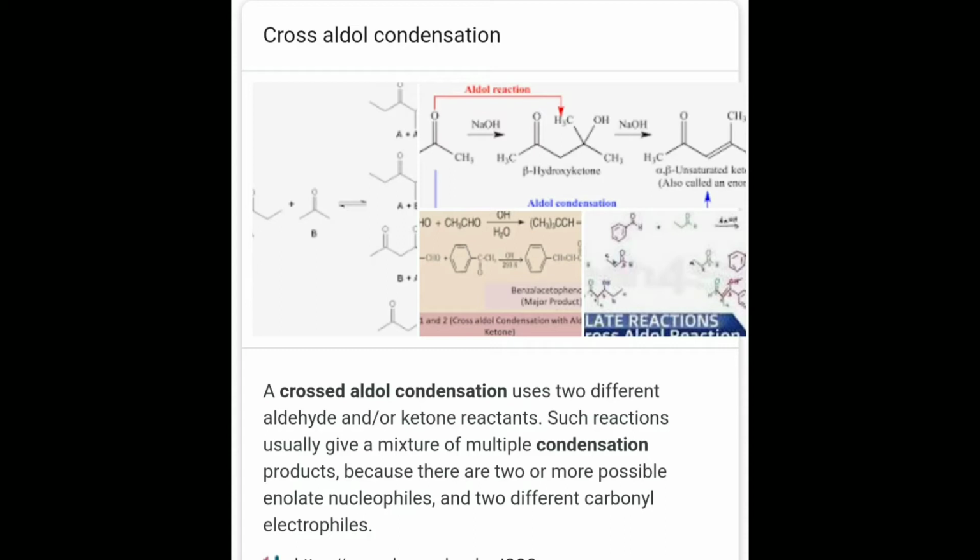Such reactions usually give a mixture of multiple condensation products because 2 or more possible enolate nucleophiles are formed and 2 different carbonyl electrophiles are formed.